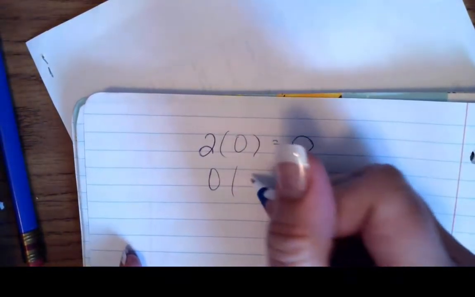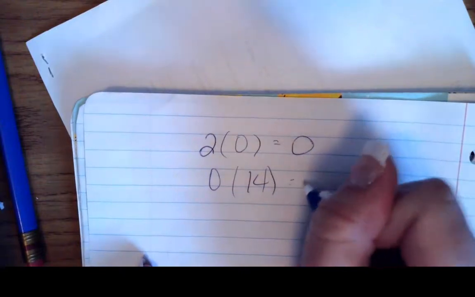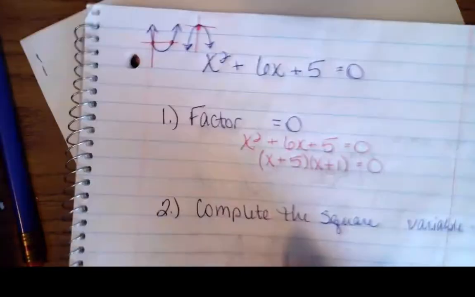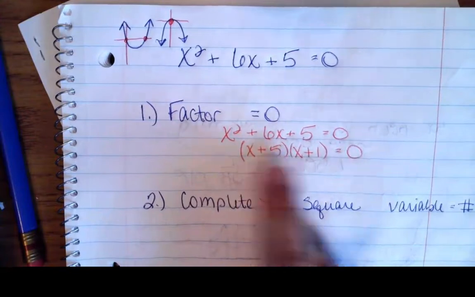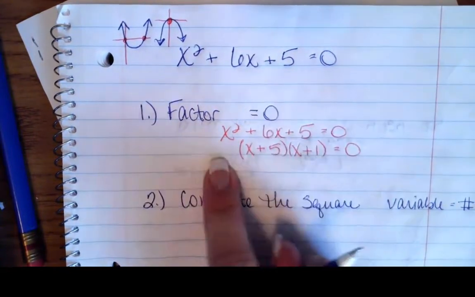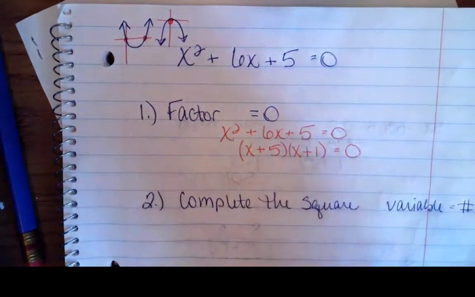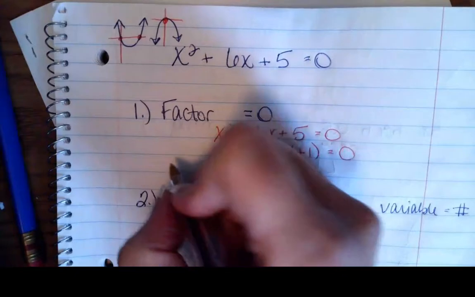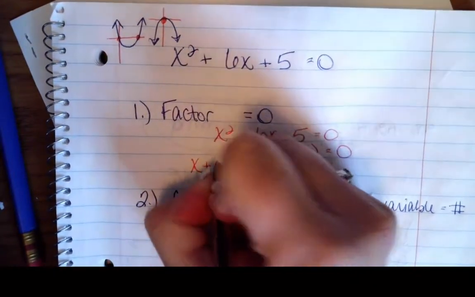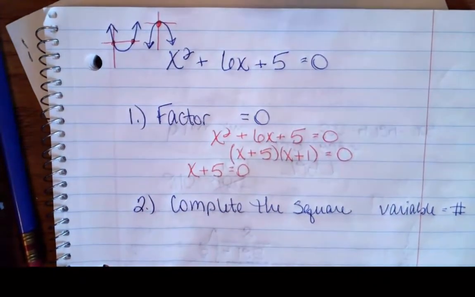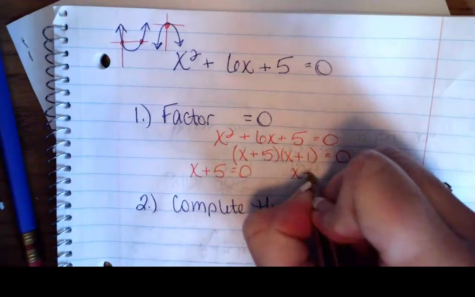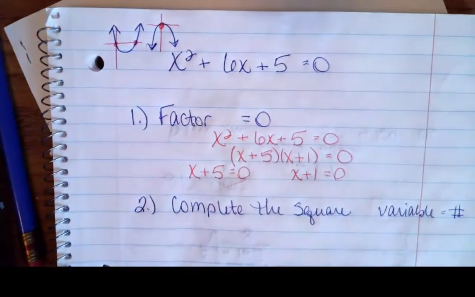So 0 times 14 is 0. 0 times anything is 0. So what I have here is I got this chunk times this chunk equals 0. That means one of those chunks needs to be 0. So I'm going to separate them out and take chunk number 1 and say what makes you 0, and then I've got chunk number 2, what makes you be 0.